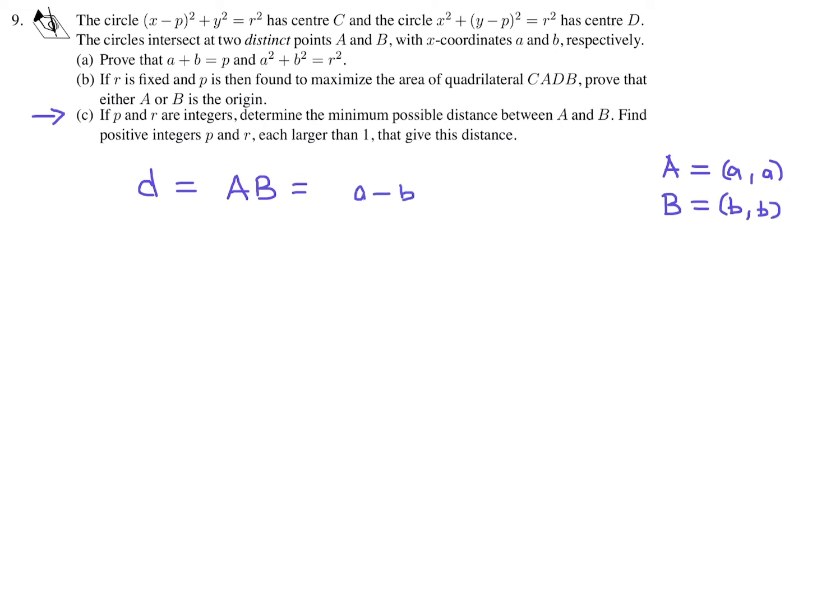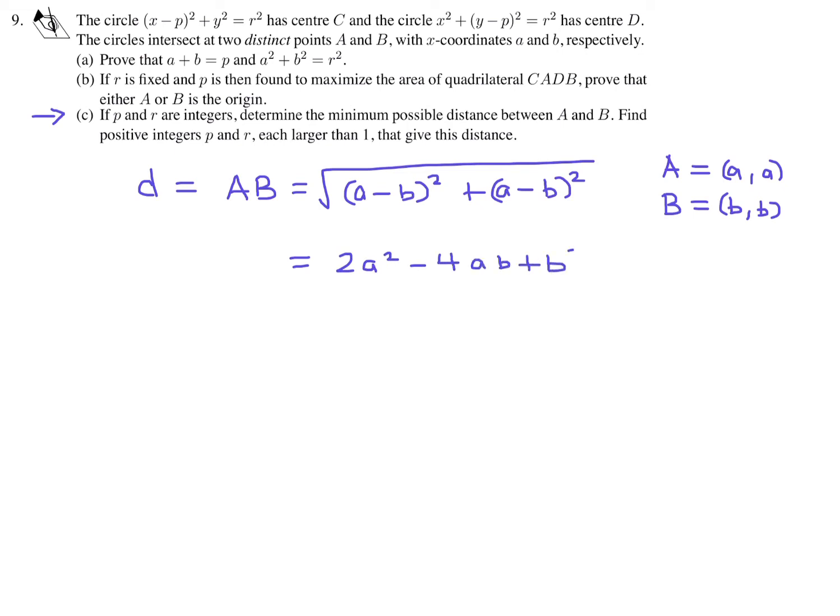So the distance formula would therefore give you the square root of (a minus b) squared plus (a minus b) squared. If you do all the math here, you get the square root of 2a squared minus 4ab plus 2b squared. And we're going to use a lot of the information we already proved.